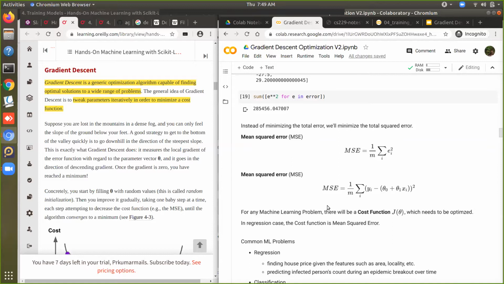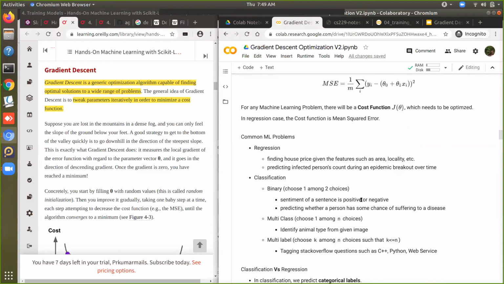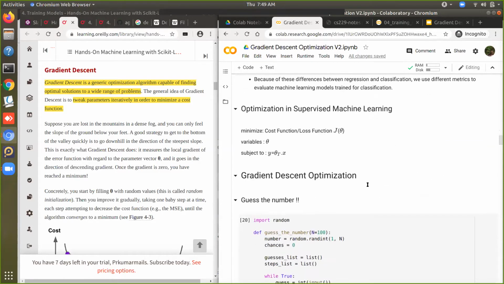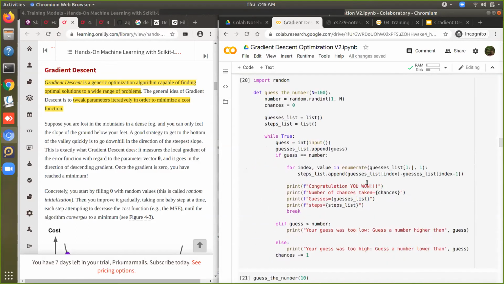This is why mean squared error is also termed the cost function. I hope it is clear till this point.